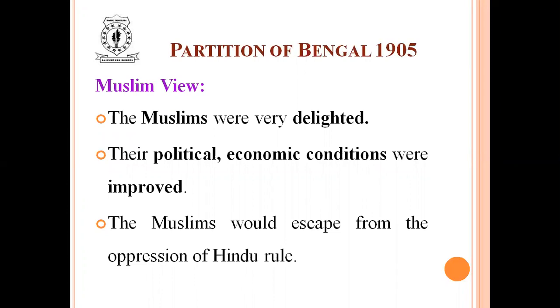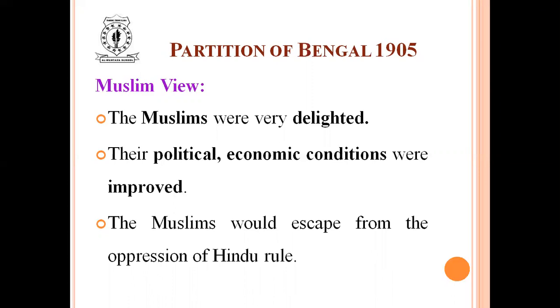Obviously, Muslims and Hindus were there in both the eastern and western Bengal, so they had different views on this partition of Bengal. Muslims were very happy and delighted, as they were going to have their own politics and their own economics now, where conditions would improve for the Muslims.